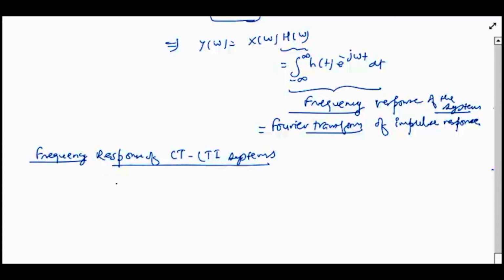Recall that systems are characterized by the following differential equation: the sum from k equals 0 to N of a_k d^k y(t) over dt^k is equal to the sum from k equals 0 to M of b_k d^k x(t) over dt^k.